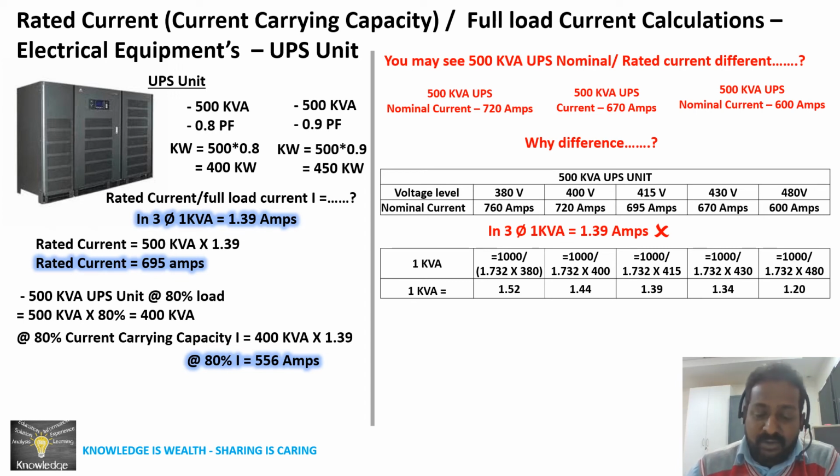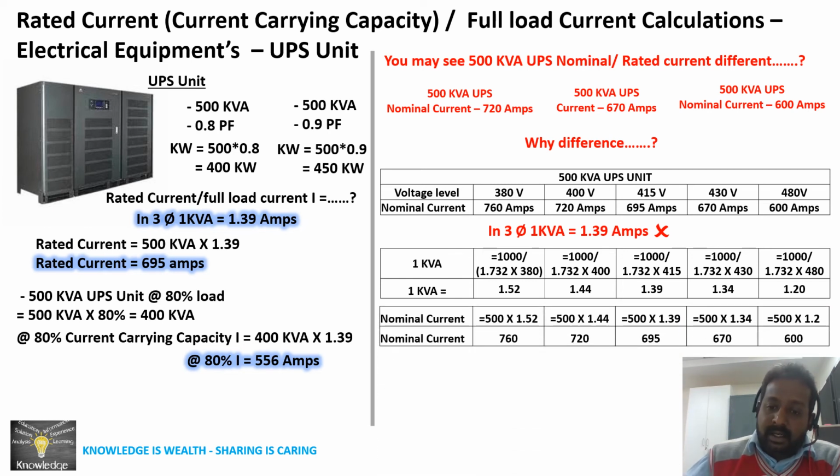If they consider 380, then 1 kVA is equal to 1.52 amperes. If they consider 400, then 1 kVA is equal to 1.44. As usual, with the nominal voltage of 415 volts, it comes to 1.39. If it is 430, it is 1.34. If it is 480 volts, then it is 1.2.